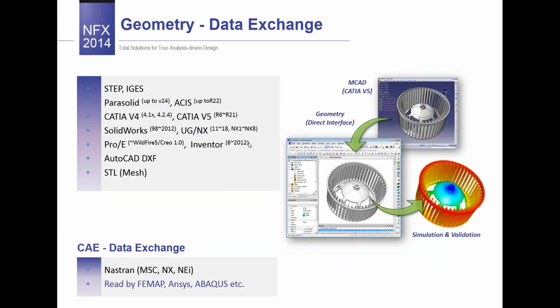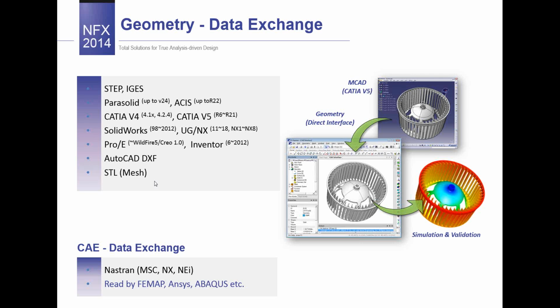Now let's take a look at geometry and data exchange. In both modes, midasNFX supports the following geometry extensions like STEP, IGES, Parasolid, CATIA version 5, version 4, SolidWorks, ProEngineer, AutoCAD, and STL.